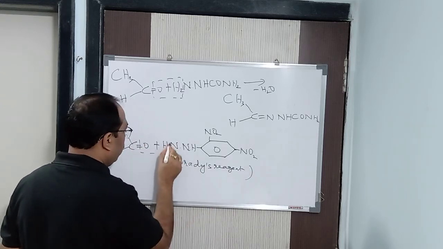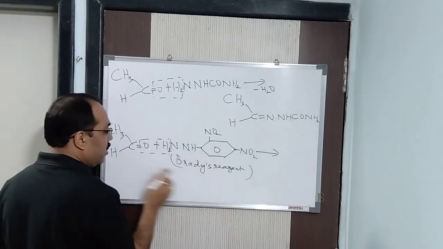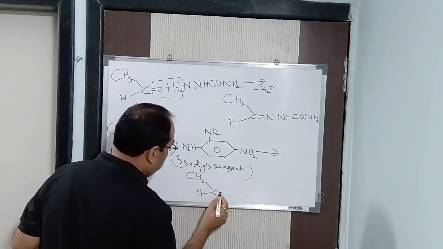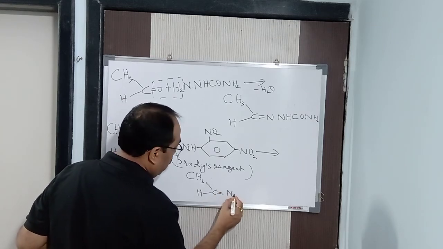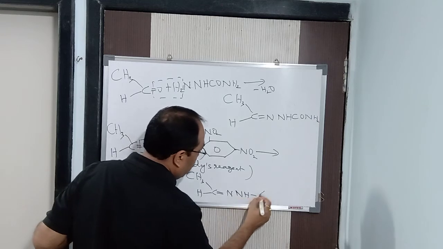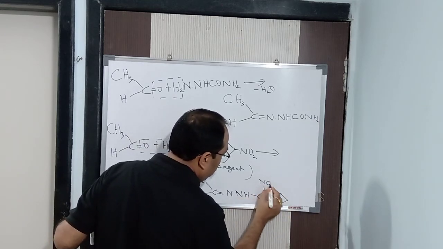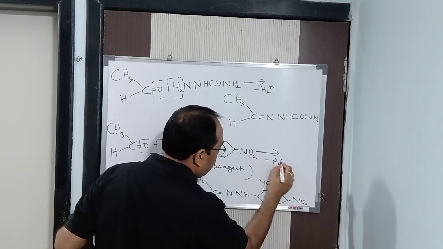You know it, water will be released, and after releasing of water, what is the product being formed? This is the product you see. CH3CH, then double bond N, NH, whole thing will be there. Here NO2 group, and fourth position another NO2 group, and here water is released.